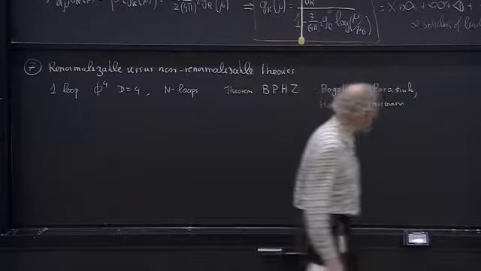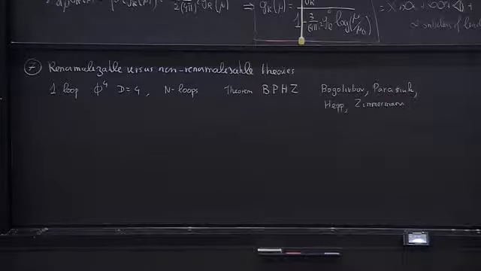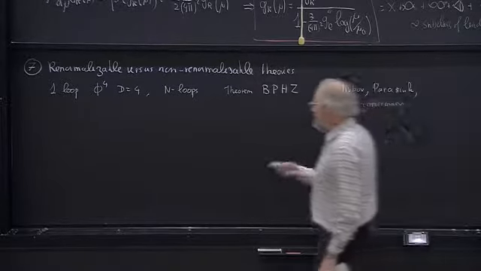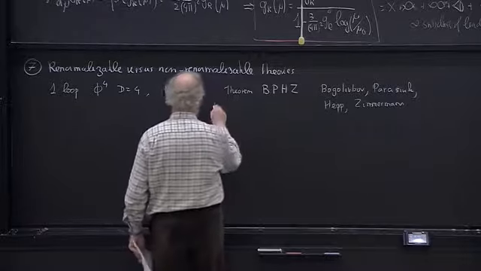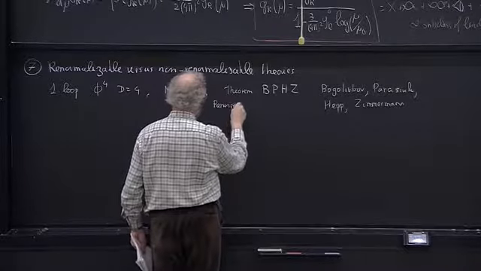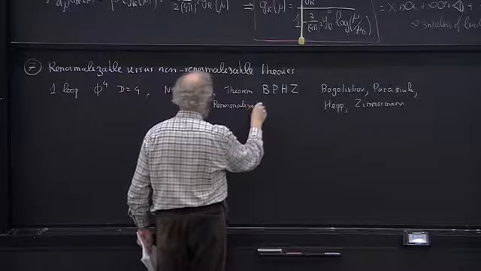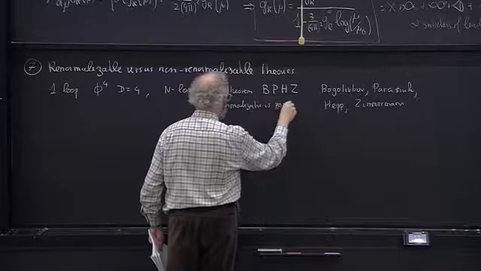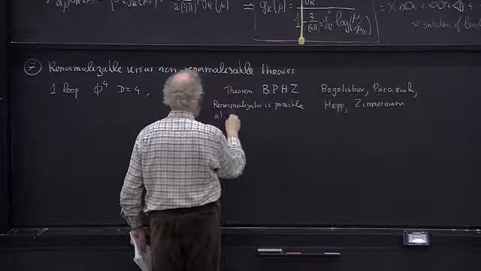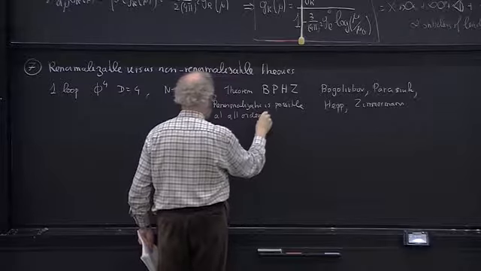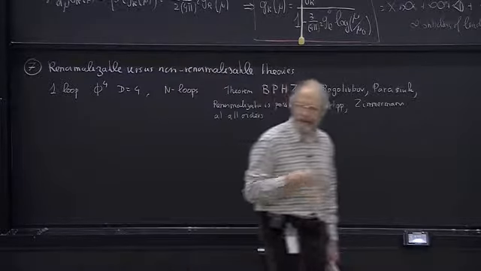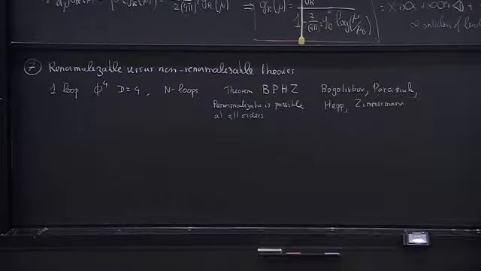And Zimmermann, I think he's dead, but he's a German physicist. And this theorem basically states that renormalization is possible at all orders in perturbation theory. It's a very important but technical theorem.